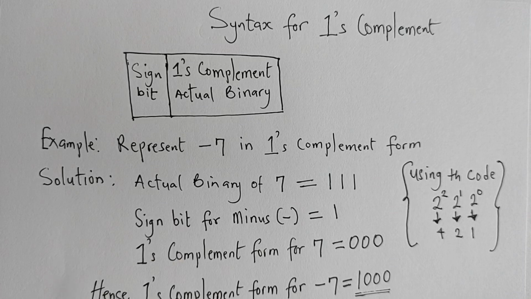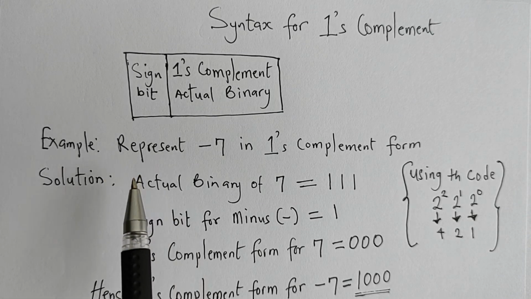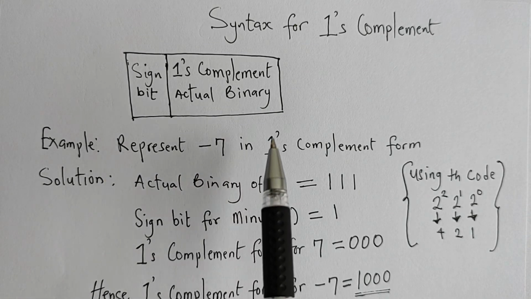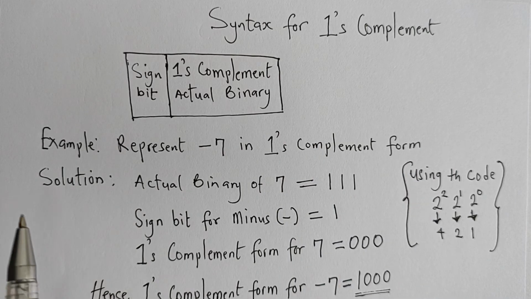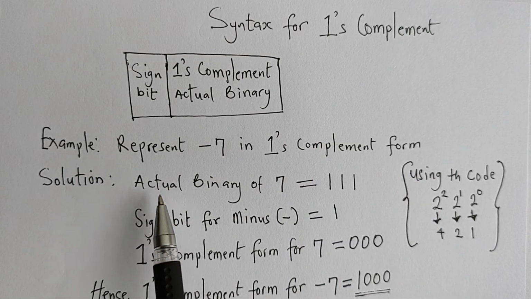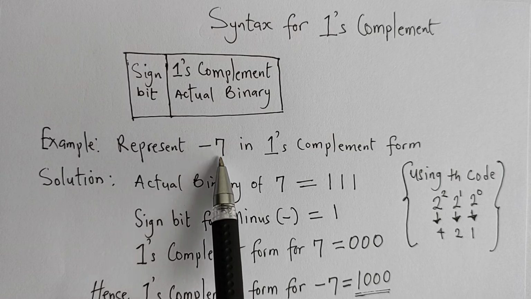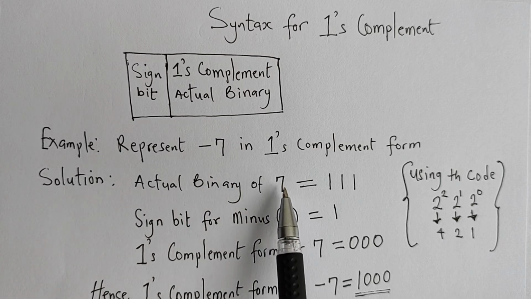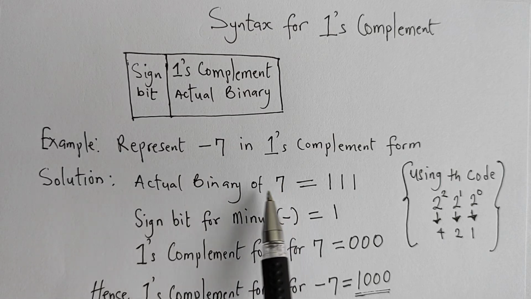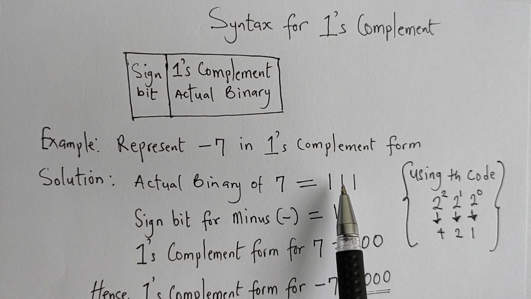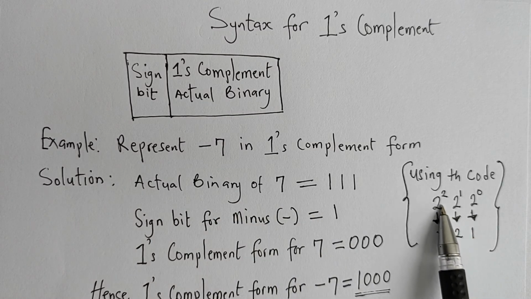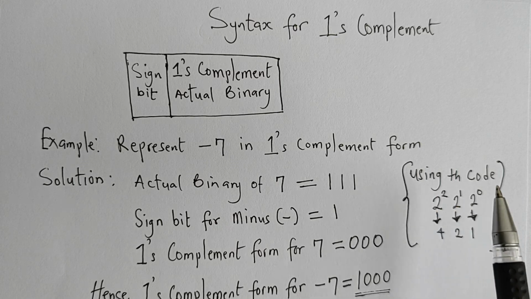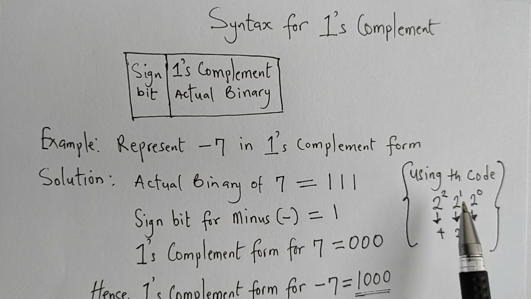Now let's begin with the question that says represent -7 in 1's complement form. Now the solution: the first step you need to do is to find the actual binary of 7. To get the actual binary of 7, we have to use the direct conversion method, to convert a decimal number to a binary number.